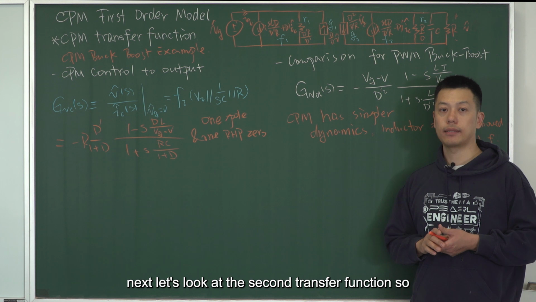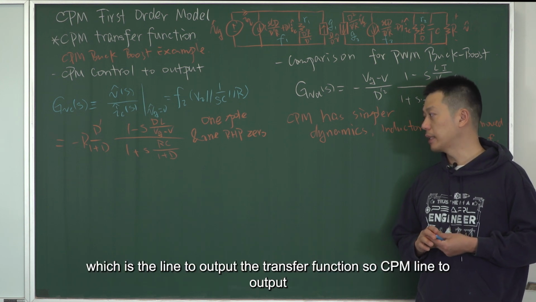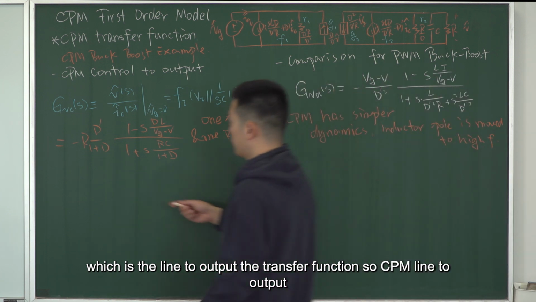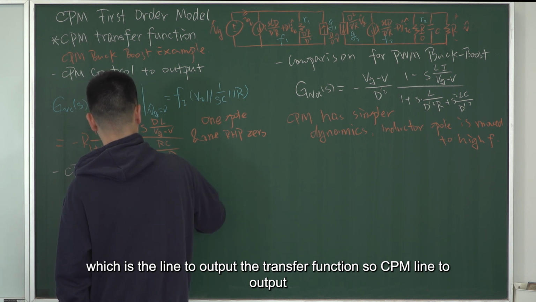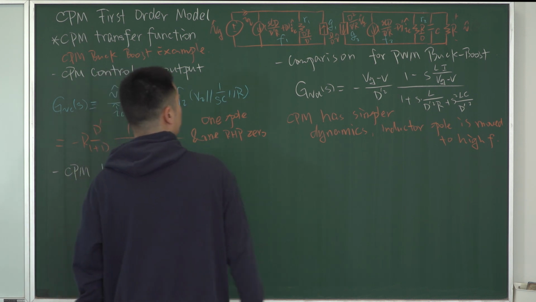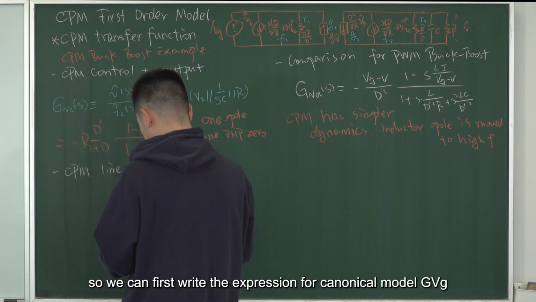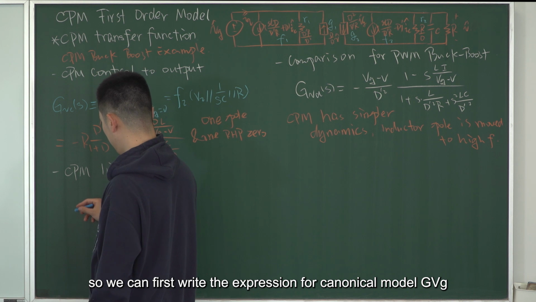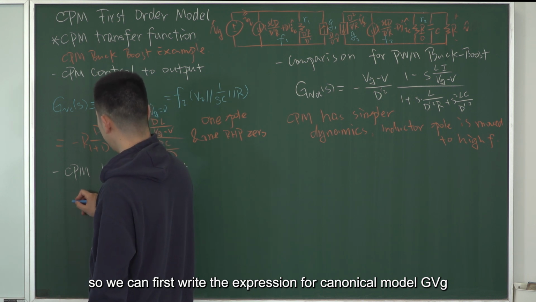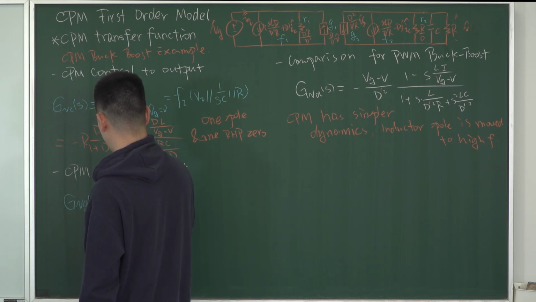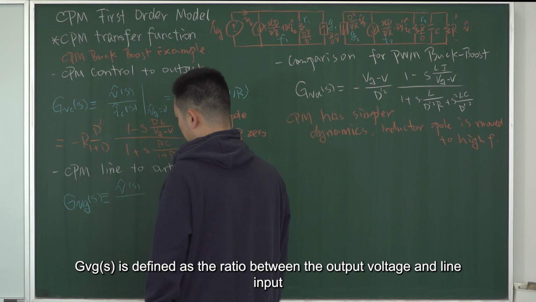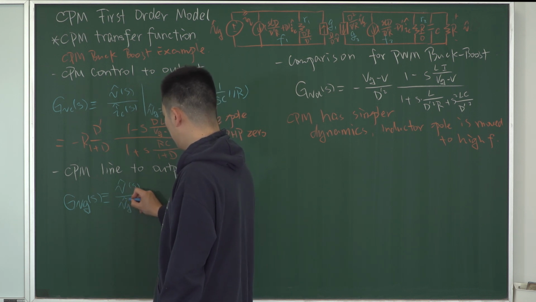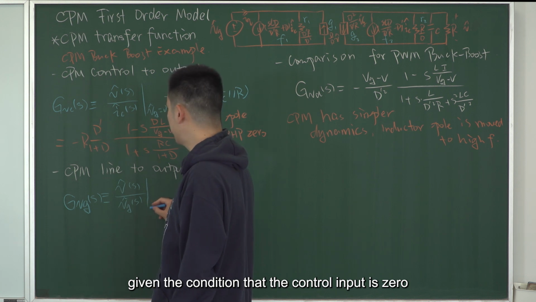Next, let's look at the second transfer function, the CPM line to output transfer function. Based on the blue chalk indicator, we can first write the canonical expression for GVG, defined as the ratio between the output voltage and line input, given the condition that the control input is 0.